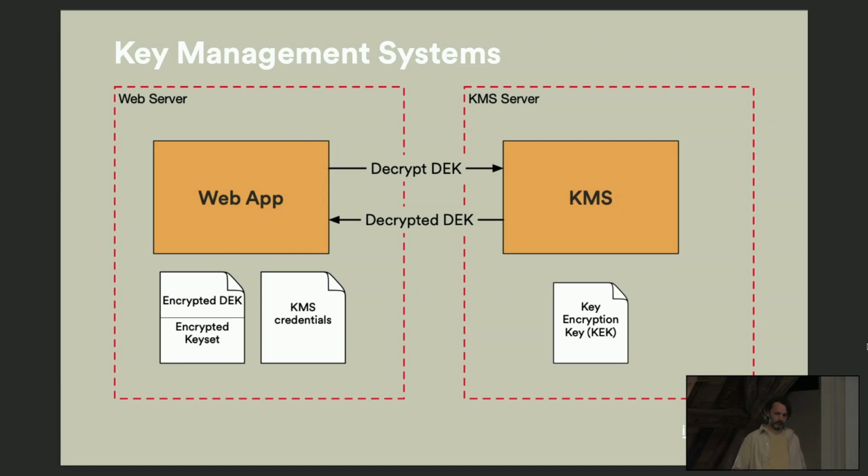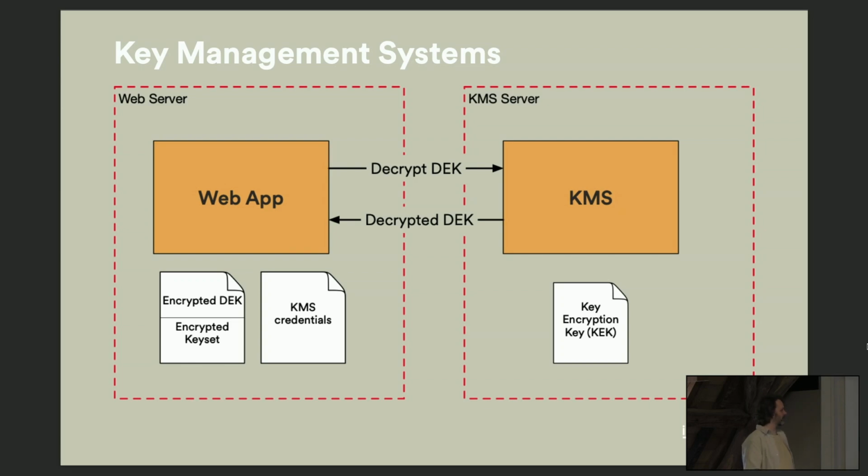And then what you get back is this encrypted data encryption key that you tack onto the front of your key set. And now when your web app starts up, it reads that encrypted data encryption key, it calls the key management service and says, can you decrypt that? And it says yes, and gets back the decrypted key, and then it uses that to decrypt the rest of the key set. So this provides a couple of advantages.